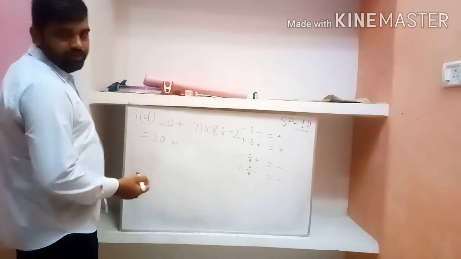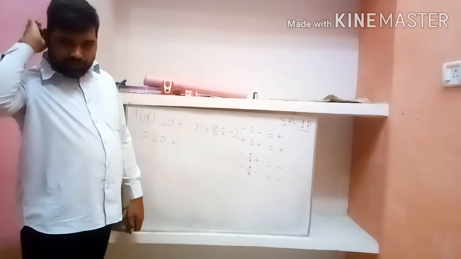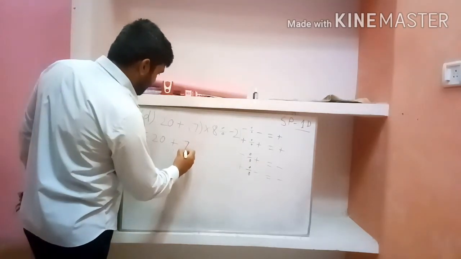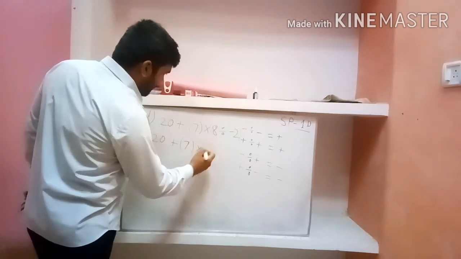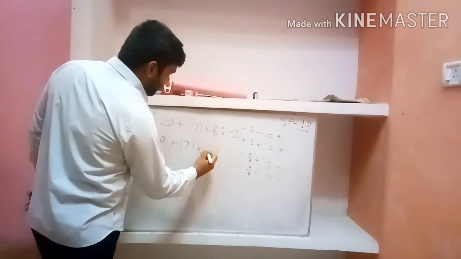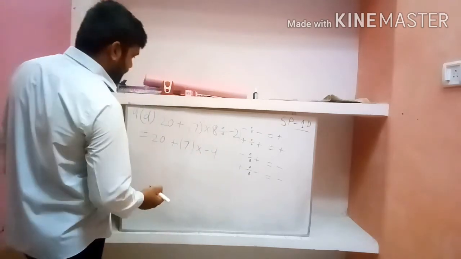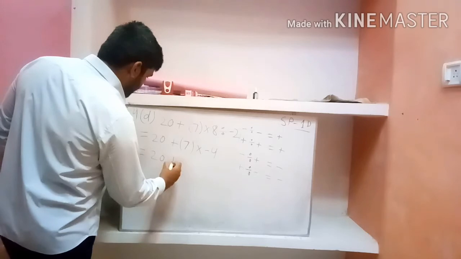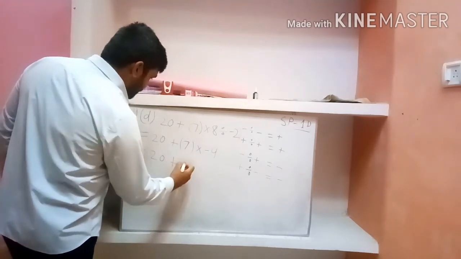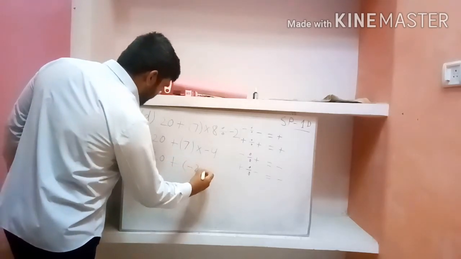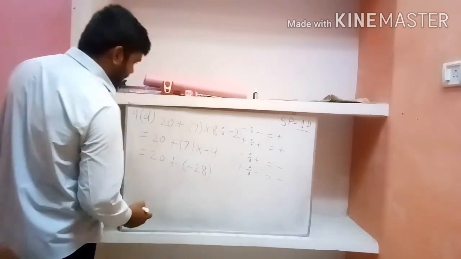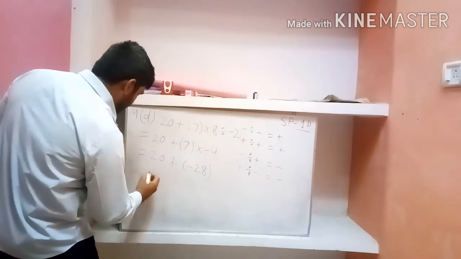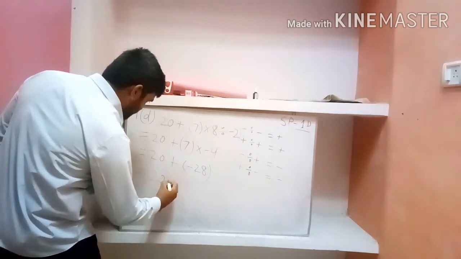According to the rule, first we have to do the division. So 20 plus 7, here 8 divided by minus 2 gives minus 4. After that we do the multiplication, 20 plus 7 times minus 4, 7 fours are 28.